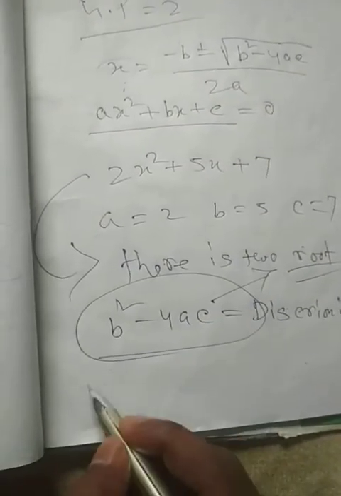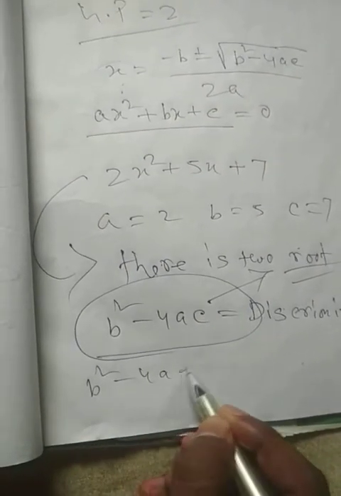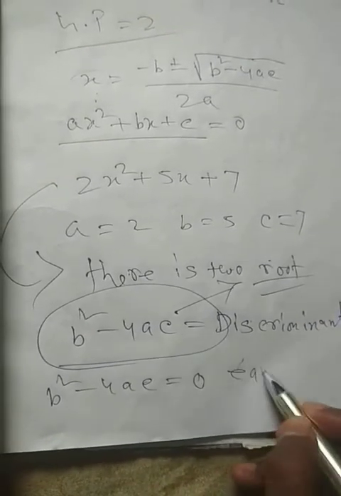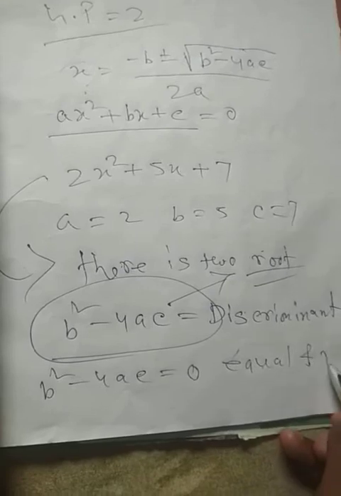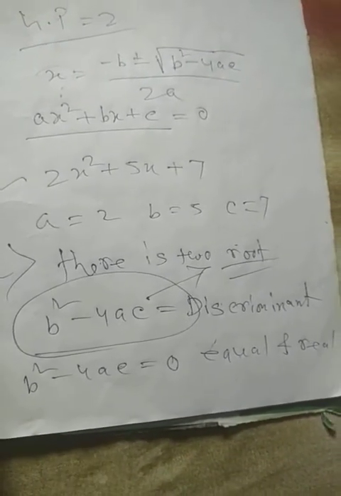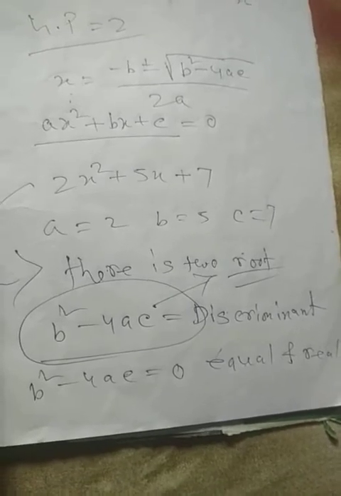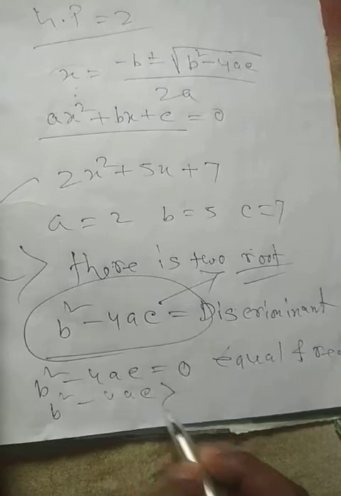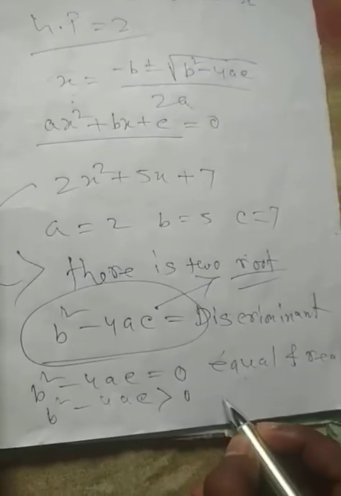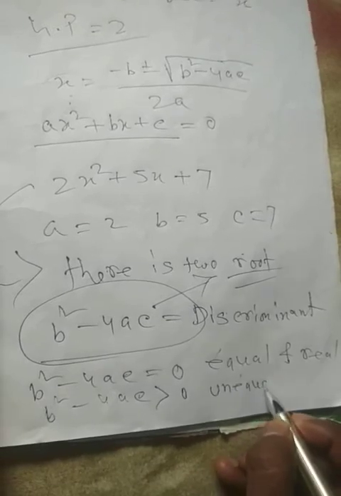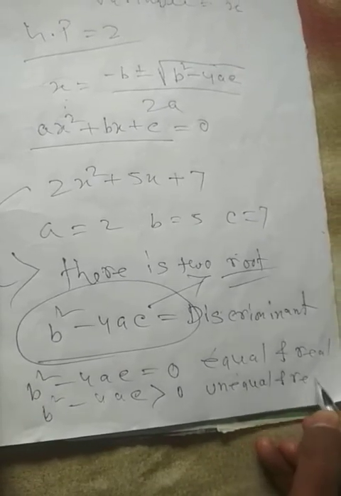Like if b square minus 4ac is 0, I can say the roots are equal and real. If b square minus 4ac is greater than 0, I can say the roots are unequal and real.